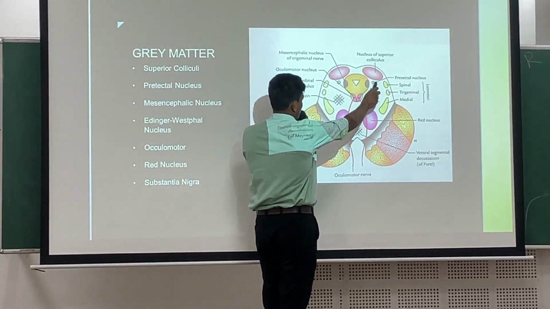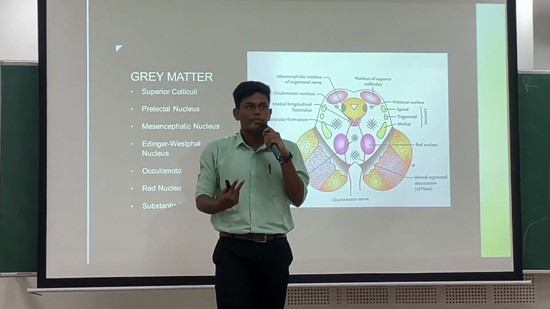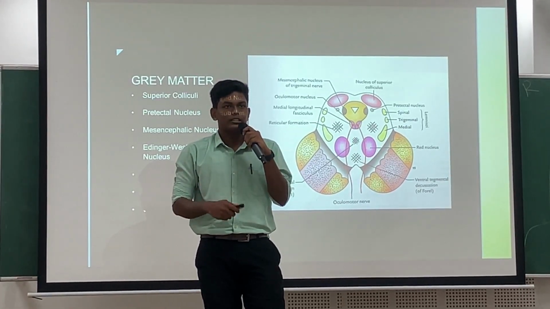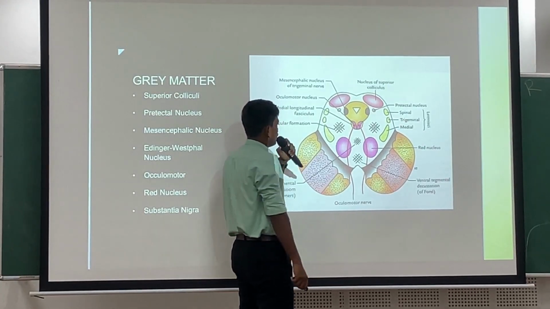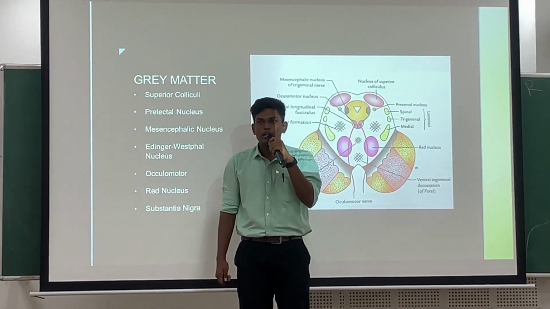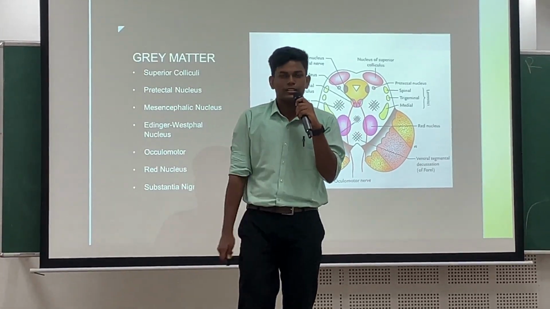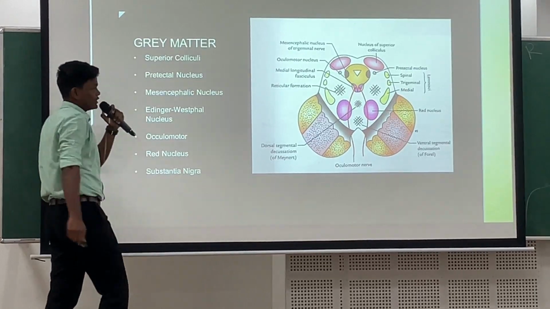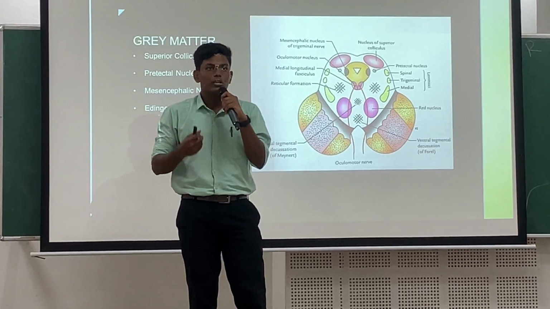This pretectal nucleus is associated with two reflexes, the pupillary light reflex and the consensual reflex. If this is affected, there is a condition called Argyll-Robertson pupil, in which the light reflex is affected, but accommodation is intact.